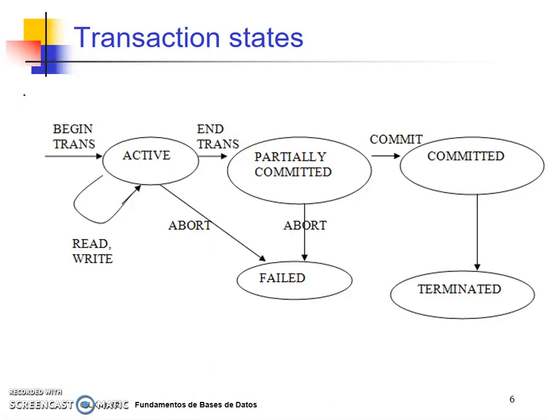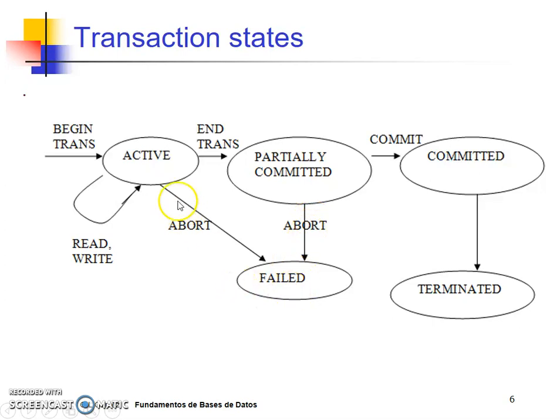So let's see what the states of a transaction are. When we begin the transaction, we are in an active state. Every time we do a read operation or a write operation, we stay in the active state. When we finish the transaction, by the end transaction, we go to a partially committed state. And if we have an error here, we are going to abort the transaction and move to the failed state.